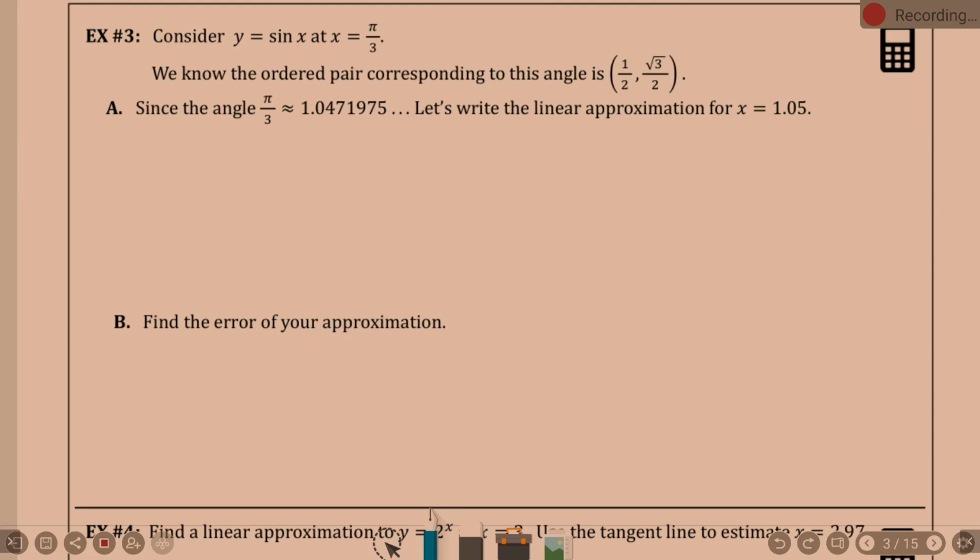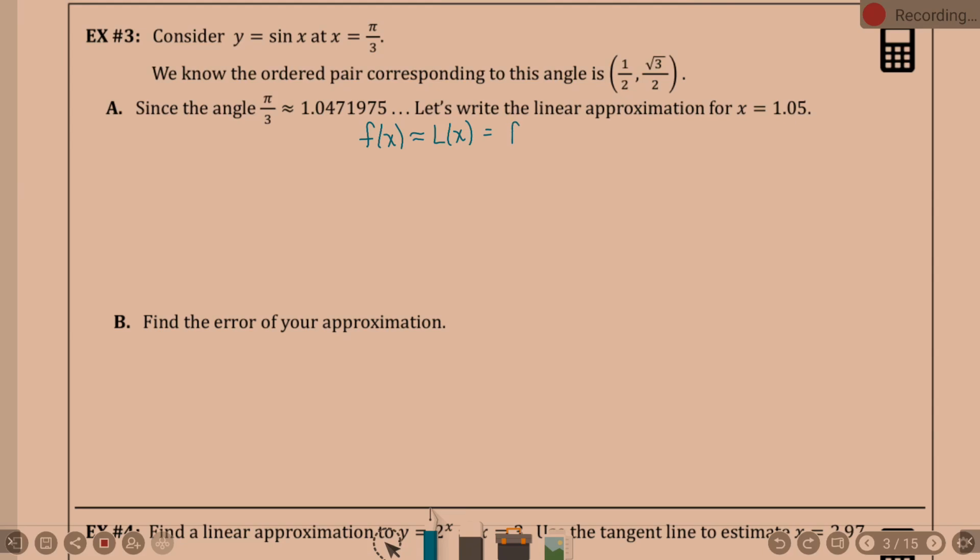Okay, so first of all, remember that formula we were using yesterday, where f of x is approximately equal to L of x. I'm trying to remember how we had it written.